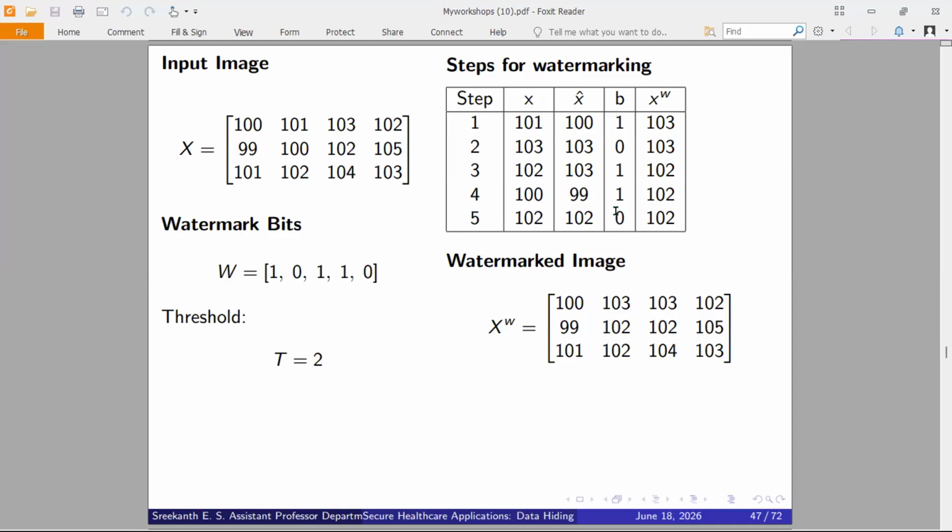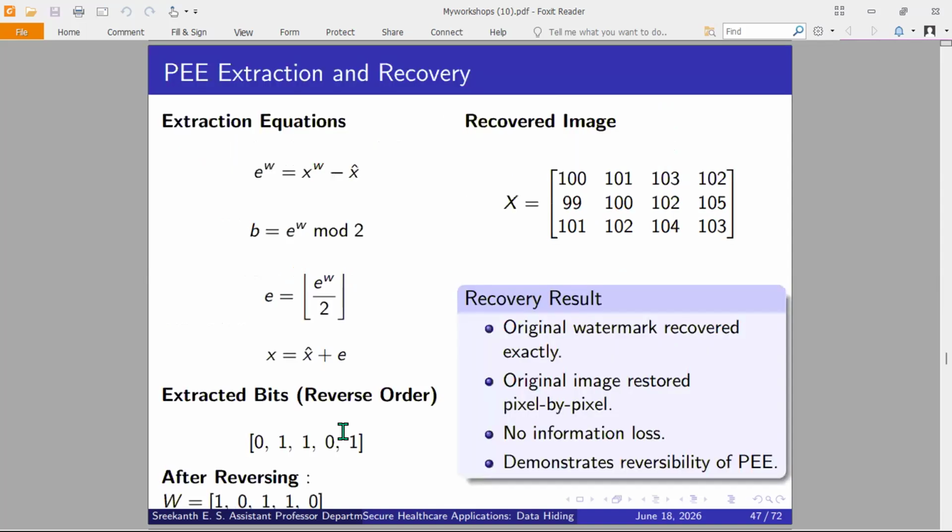So he will start from here. From this he will find the error value, and this 0 he will get. From that he will understand what the actual X value is. So the reverse process will happen at the receiver. He will be getting the watermark in reverse order, because the process is happening in reverse, right?